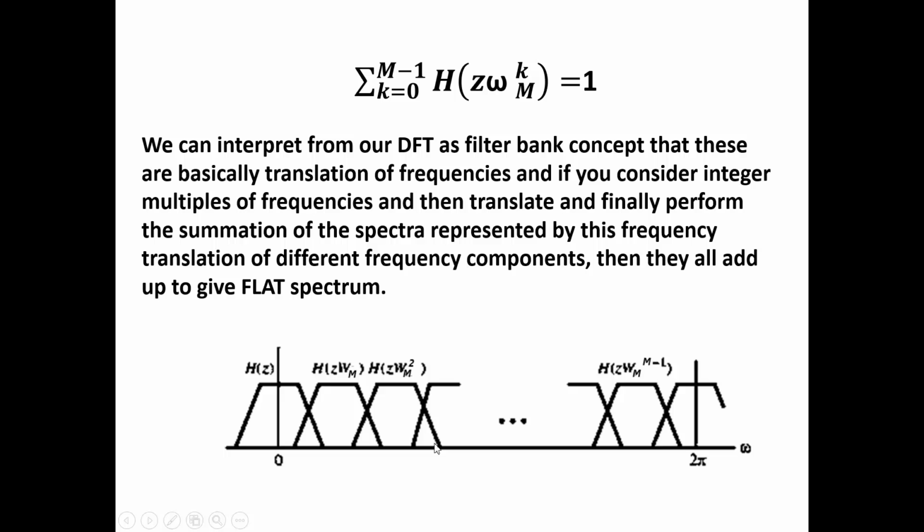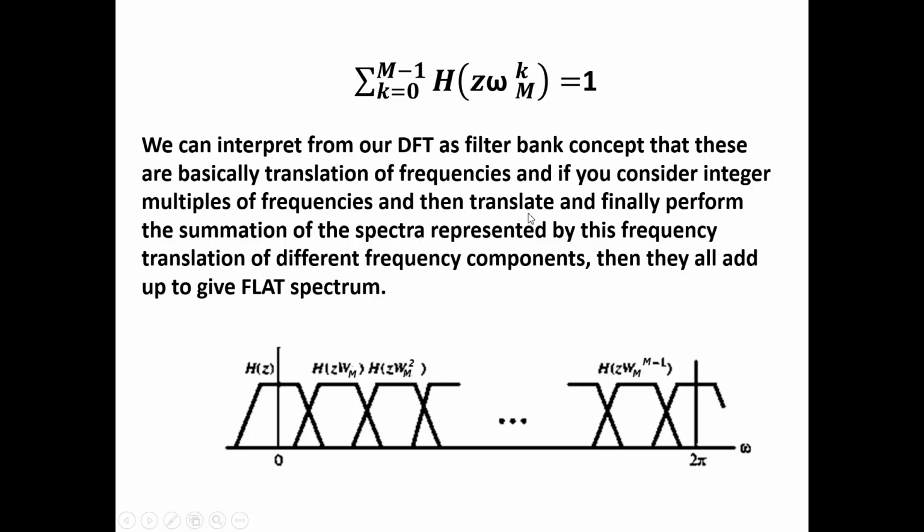Now if you look at this factor, sigma k going from 0 to capital M minus 1 of H of z W_M^k equal to 1, as I already said, we can interpret it from our DFT filter bank concept: these are basically translations of frequencies.